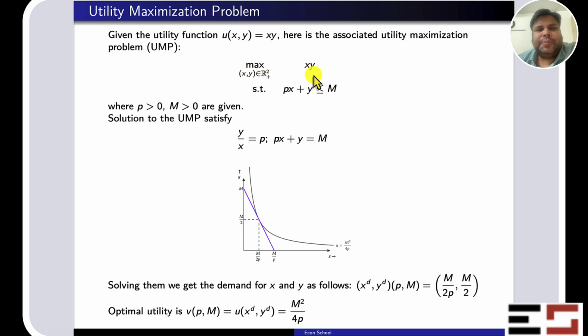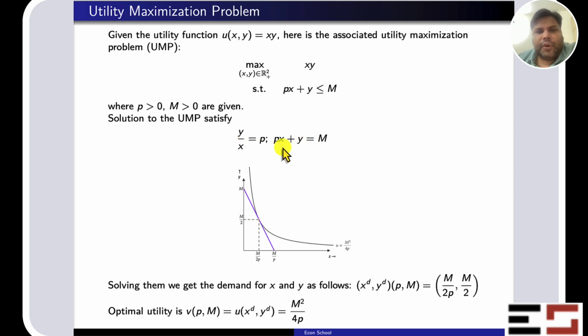If you solve this problem, the solution will have the feature that at this point the slope of the indifference curve must be equal to the slope of the budget line, and this point must also be on the budget line. So these are the two conditions that the solution must satisfy: the marginal rate of substitution, which is y by x, is equal to the price ratio p by 1, so y by x must be equal to p, and the point must be on the budget line, so p times x plus y must be equal to m.